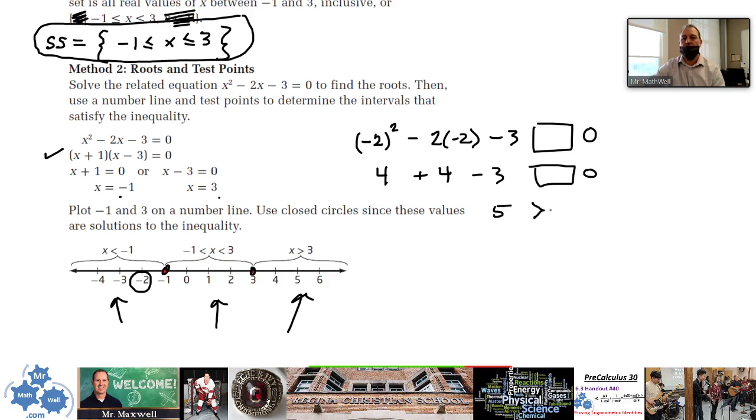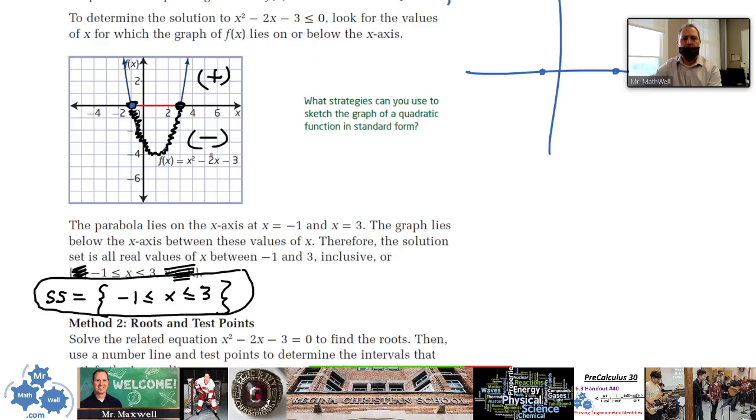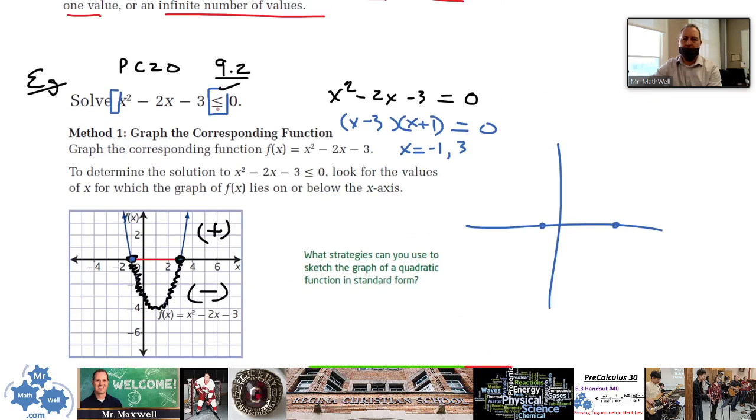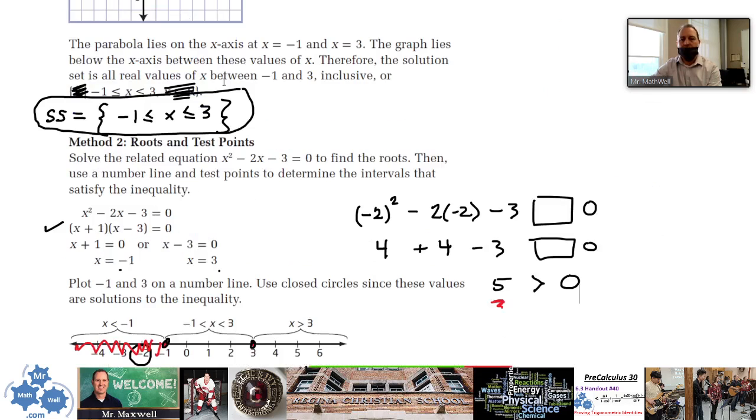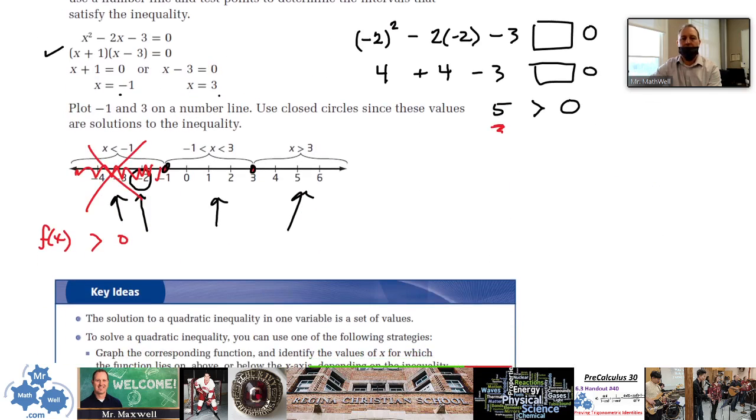So 5 is clearly greater than 0. So that means that any x value in this region right here is going to yield a function greater than 0. You see that? Because here's the function, and that yields greater than 0. So is that what we're looking for? Less than or equal to. Okay. So that means that this is not part of the solution set. You would just repeat that with points in other regions.